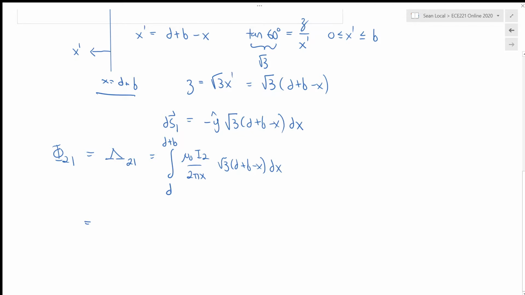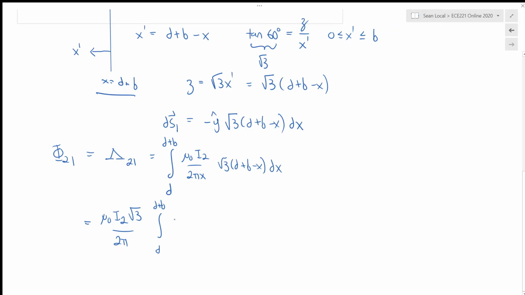There are a bunch of constants that come out of the integral. We have mu naught, I2, root 3, and 2 pi in the denominator. We're integrating from d to d plus b. And we can rearrange the integrand a little bit as well because we're dividing by x.